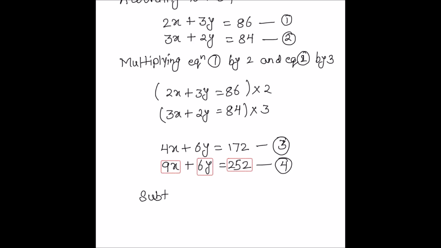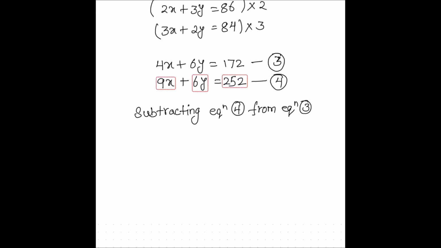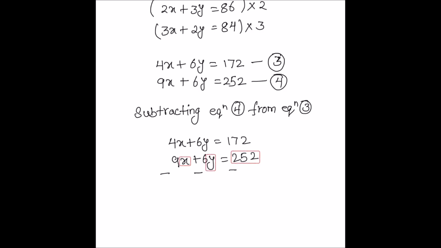Subtracting equation 4 from 3. Equation 3 is 4x plus 6y equals 172. And equation 4 is 9x plus 6y equals 252. And as we are subtracting, the signs will get changed. So this 6y and 6y will get cancelled.